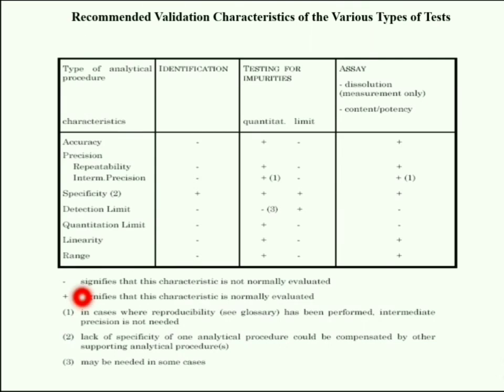In the following table, minus symbol signifies that the characteristic is not normally evaluated, while plus denotes that the characteristic is normally evaluated. 1 is used in cases where reproducibility has been performed, but intermediate precision is not needed. Number 2 denotes lack of specificity of one analytical procedure, which could be compensated by another supporting analytical procedure. Number 3 may be needed in some cases.